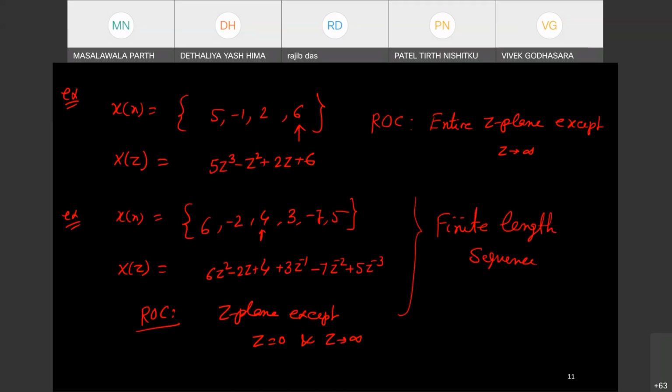Now we'll consider some infinite length sequences. For that, if I consider one example, x of n equals alpha to the power n, u of n, right?